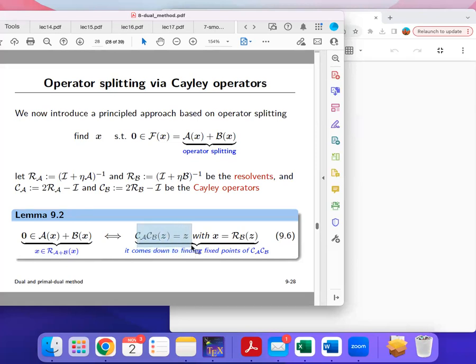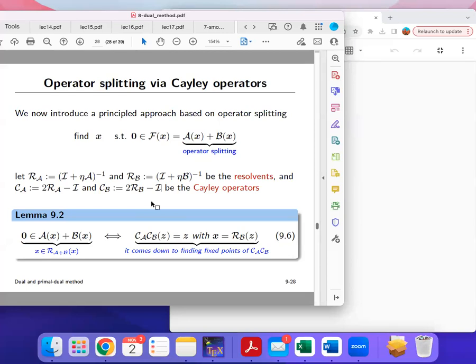Looking at the right-hand side, we have such a fixed point equation: z is a fixed point of C_A composed with C_B. C_A and C_B are the so-called Cayley operators defined as follows. C_A is 2 times R_A minus identity, and C_B is 2 times R_B minus identity.